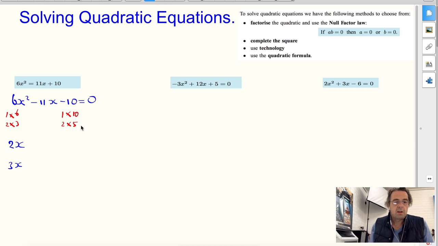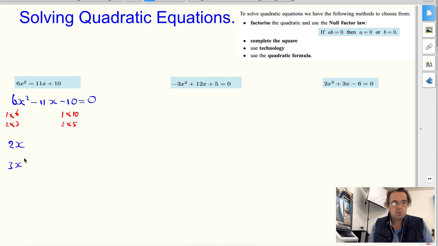And now I'm going to take the 2 and the 5 and realize, okay, if I do 3 times 5, I've got 15, and 2 times 2 is 4. And I can make a negative 11 with that, because if I have a negative 15 and a positive 4, I can make negative 11.